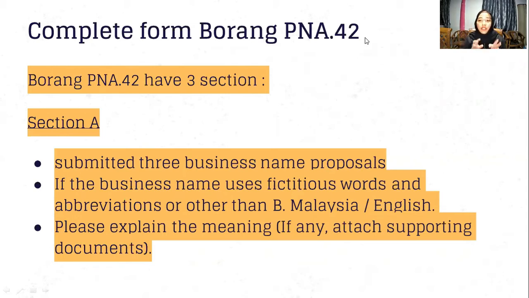In Borang PNA 42 there are three sections, where in the form we have to submit three business names for a proposal, and we must explain why we chose those three business names. Here we provide the picture of the form where we choose the name.